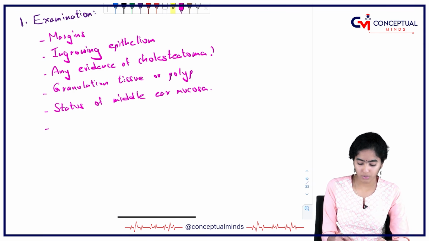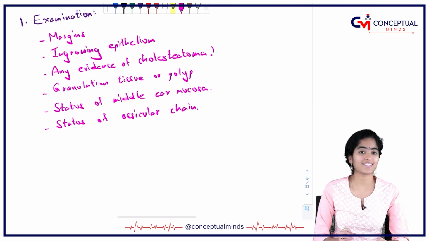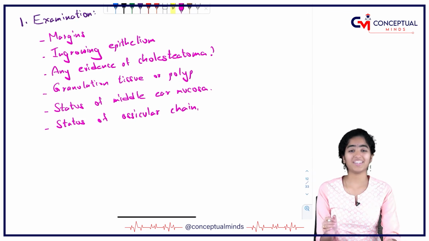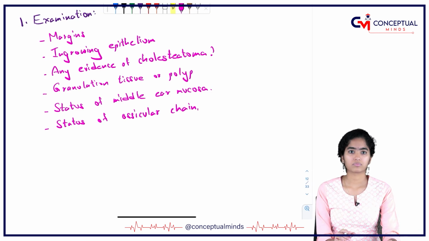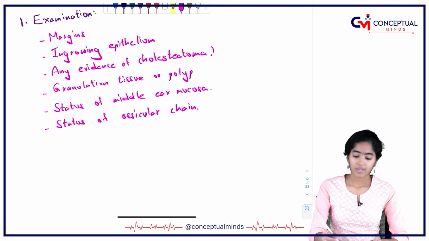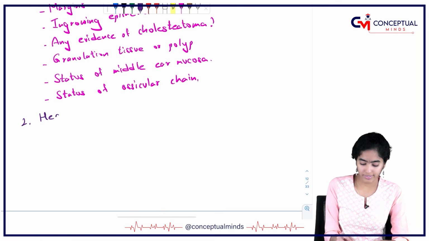And also try to look at the status of ossicular chain, if it is intact, if it is fixed, or if there is any necrosis that is happening. When the ear is dry, all these changes can be nicely looked at. Then after examination, we have to do hearing tests.